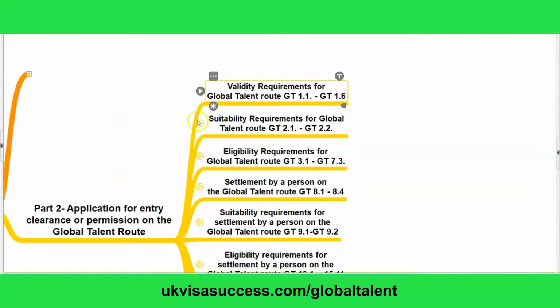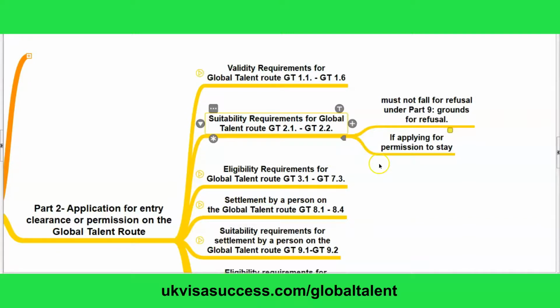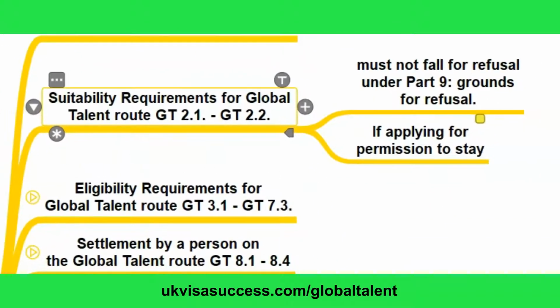The next requirement to meet for those who would like to either enter or remain in the UK, they will need to make sure that they do not fall for refusal on general grounds. And I created a separate video explaining the general grounds, but this is generally proving that you will not endanger the UK society when you enter or remain in the UK and you are of good character.